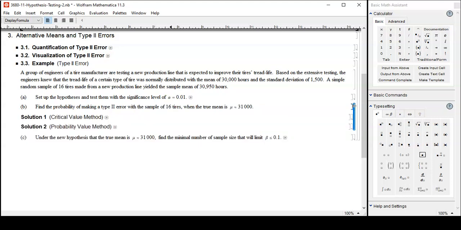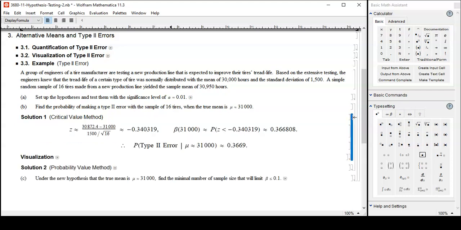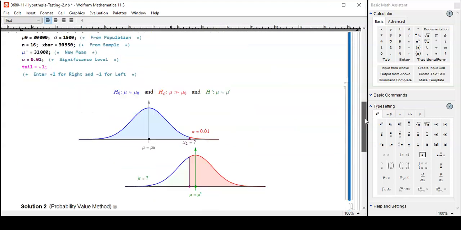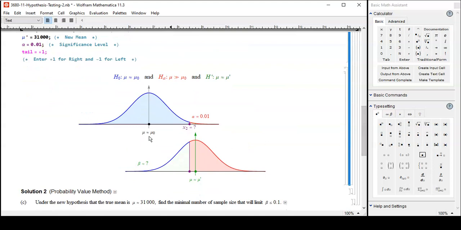Now find the probability of making type 2 error with a sample of 16 tires when the true mean is not 30,000 but 31,000. So we have an additional hypothesis, a new hypothesis H prime. So based upon the new hypothesis, we get these kinds of situations. This is the old case, 30,000, and this is the critical value of 30,870 something.